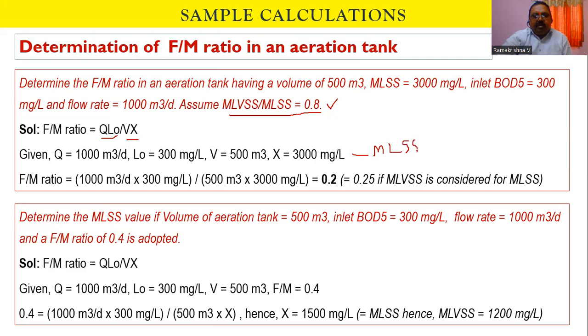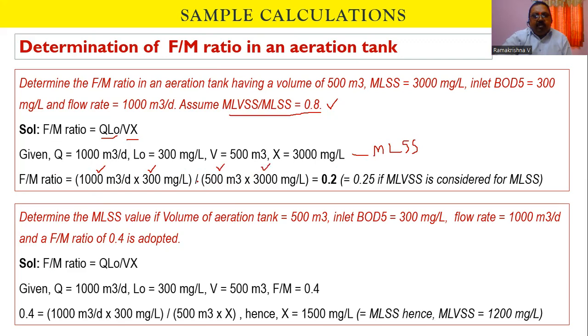Mixed liquor suspended solids. So substituting in this equation, F by M ratio is equal to 1000 meter cube per day into 300 milligram per liter divided by 500 meter cube into 3000 milligrams per liter.